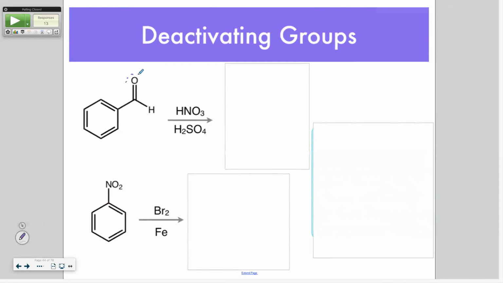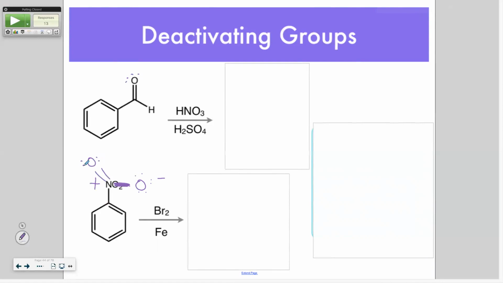Okay, the same thing for a nitro, which unfortunately I don't have drawn out, so I will draw it out. Okay. So here we have nitrobenzene, NO2, and double bond O, and the N has that plus on it. So what do you think that's going to want to do to electron density? Pull it. It's going to pull it.